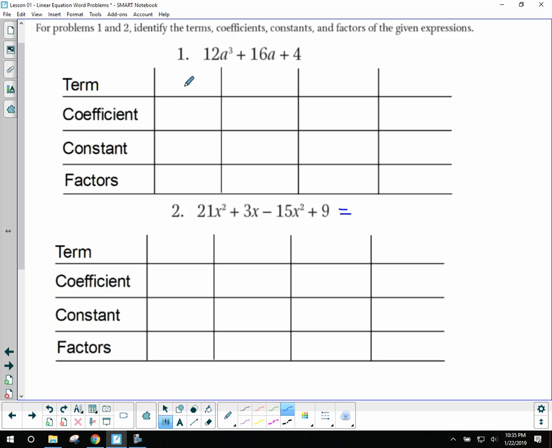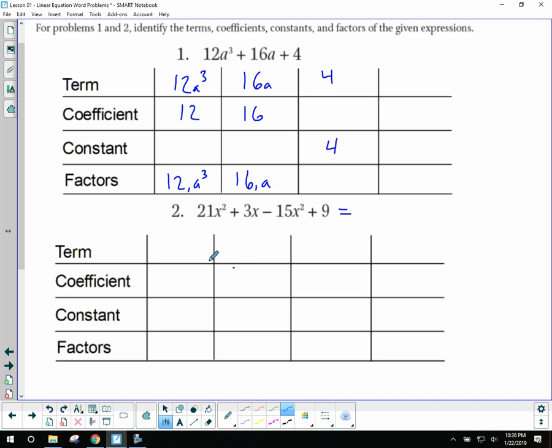So you should have got 12a cubed, 16a, and 4 for your terms. Coefficients, 12, 16, no, not 4, because 4 is a constant. And factors would be 12a cubed, 16a, and that's it for that one.